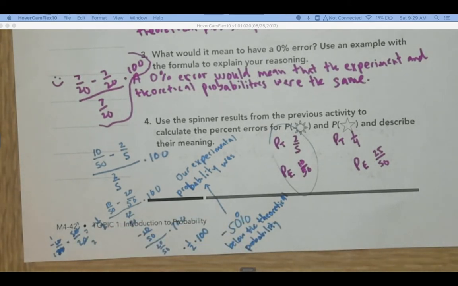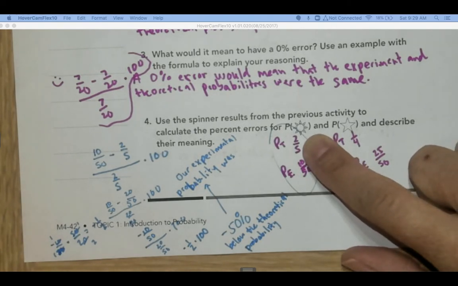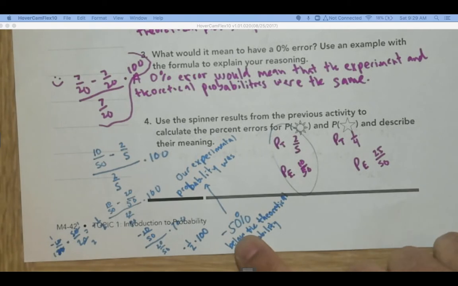Okay. If you think about this, we had 20% and it would normally be 40%. And so that's half of it. And that's negative 50%.